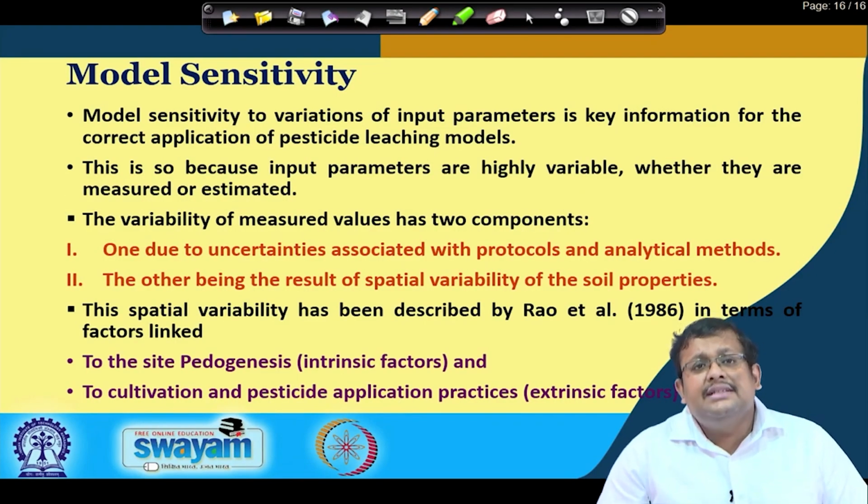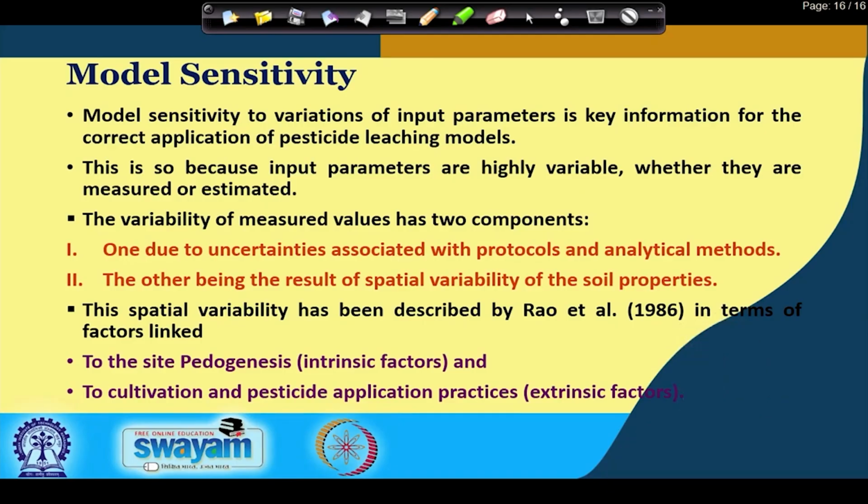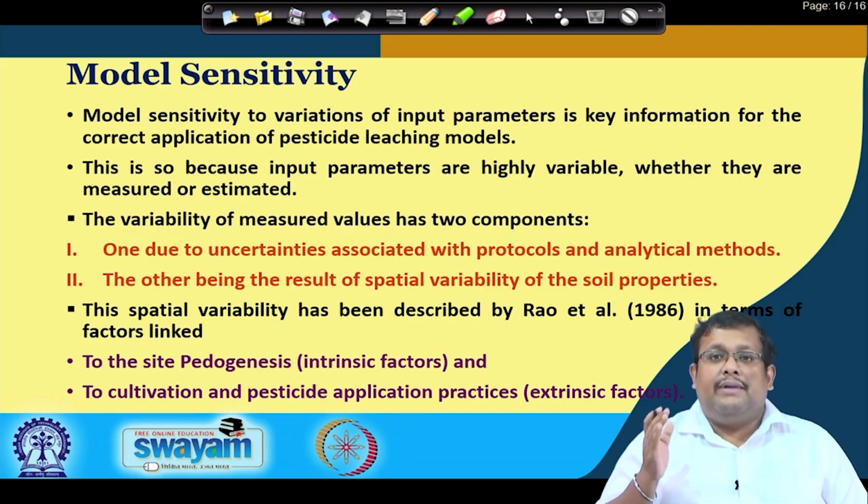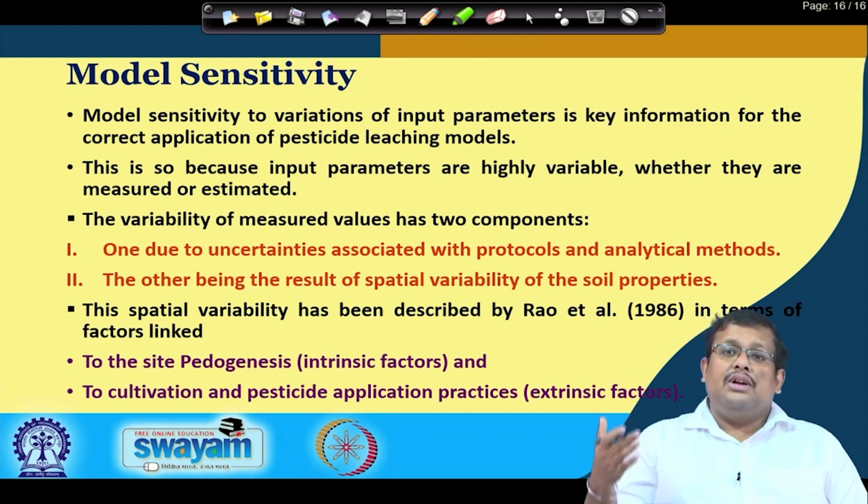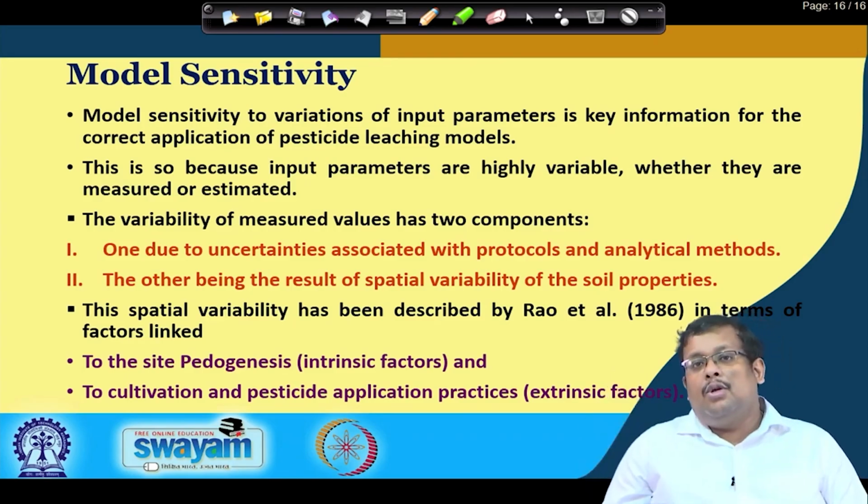The second important thing is the model sensitivity. Model sensitivity to variation of input parameters is key information for the correct application of a pesticide leaching model. Now, what is model sensitivity? In general terms, when we make these input parameters variable, what will be the variation in the output of the model simulation?